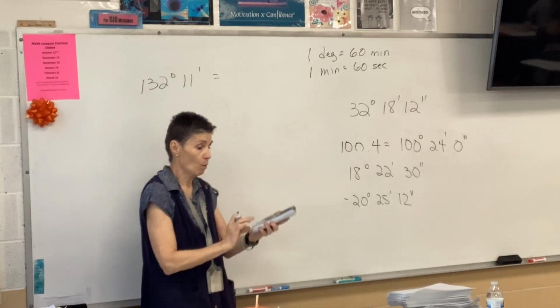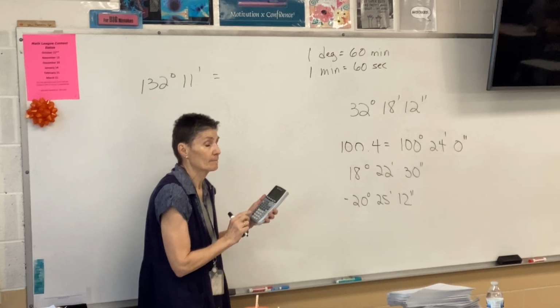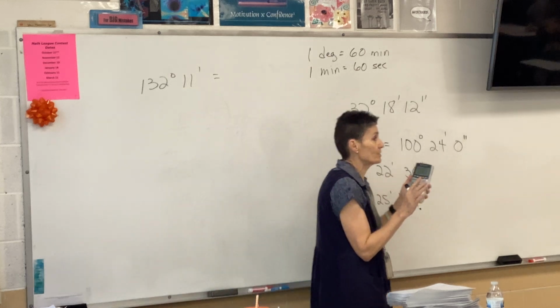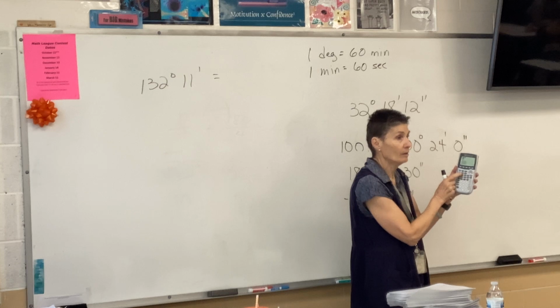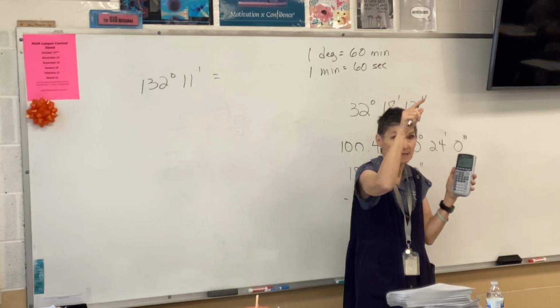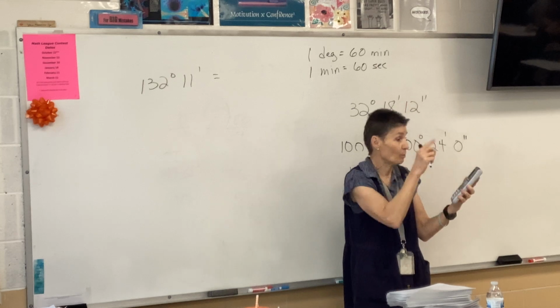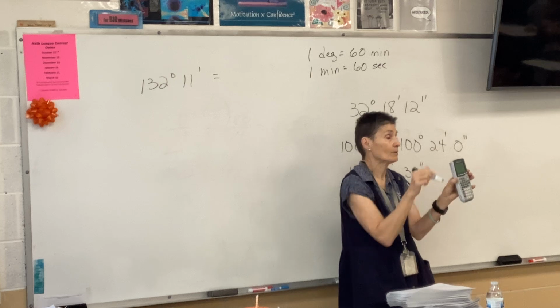Step one, type 132. Go into second angle, and you see the very first option is the degree mark. Press it. Now you should see 132 degrees on your calculator.